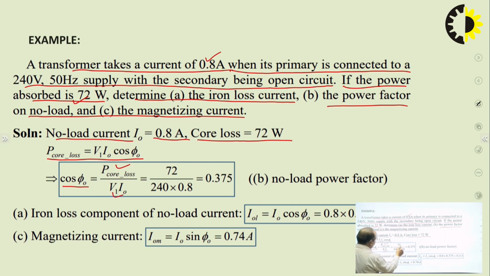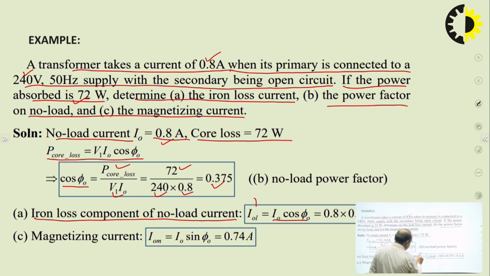Putting in the values, 72 is P core loss, V1 is 240 volt, the primary voltage, and I naught is 0.8 ampere. So the no load power factor comes out as 0.375. Now we want to find the core loss component or iron loss component of no load current, which is given by I naught cos phi naught.